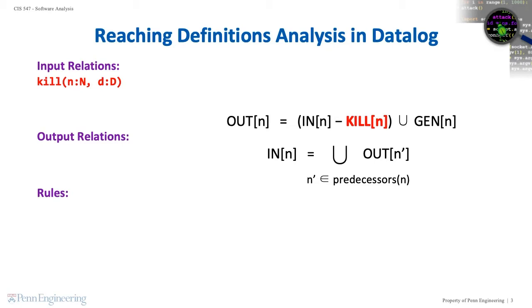Let us define the relation kill(n, d) to mean that the definition d is in the kill set of program point n. The relation gen(n, d) to mean that the definition d is in the gen set of program point n.